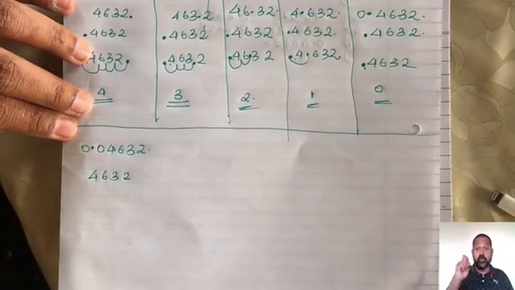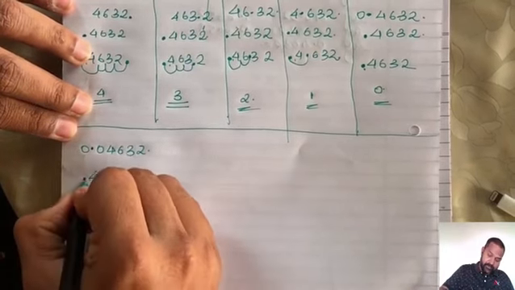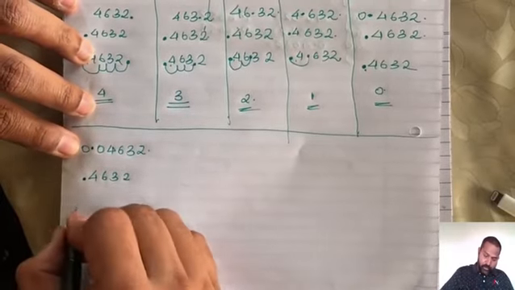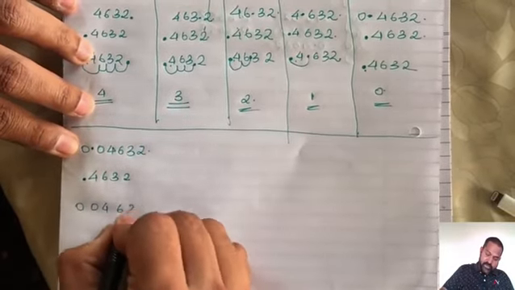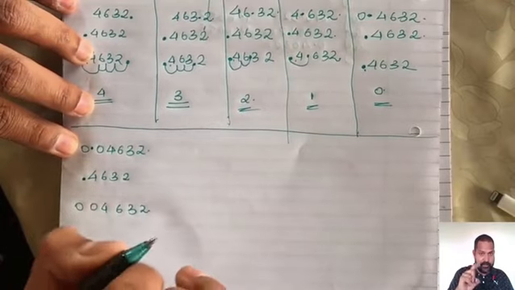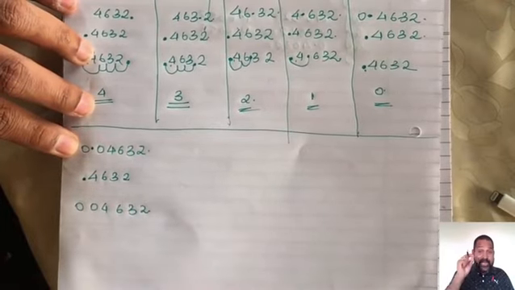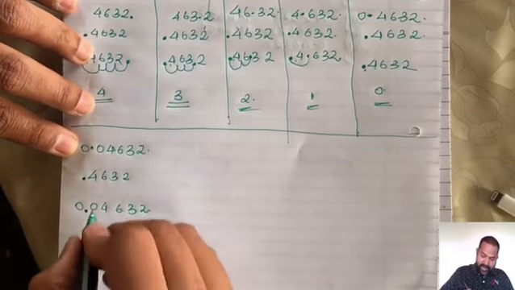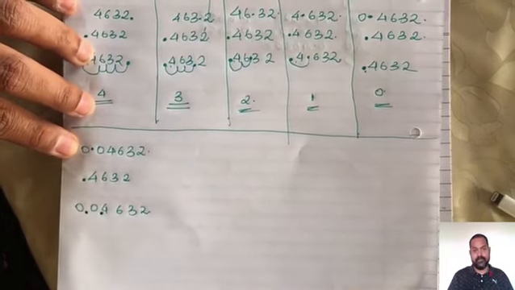Put the decimal to the leftmost part. Combine the two. When I combine the two, 004632, and I want you to pay attention now. The actual decimal is this. And my leftmost decimal is this. Is that right?